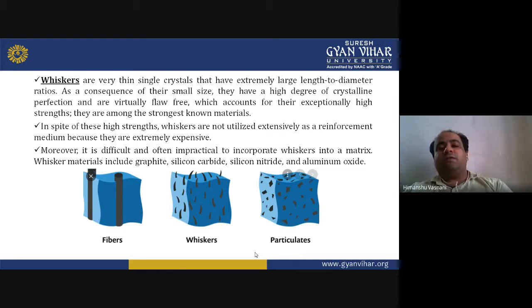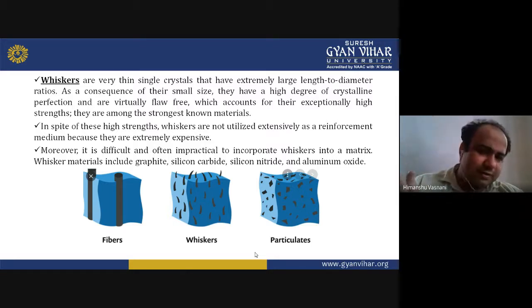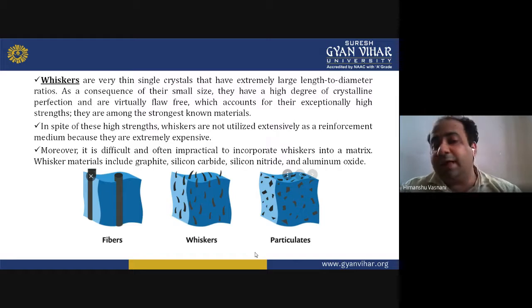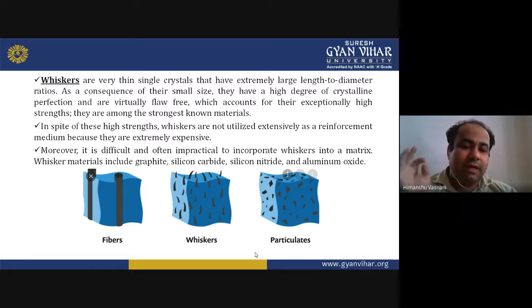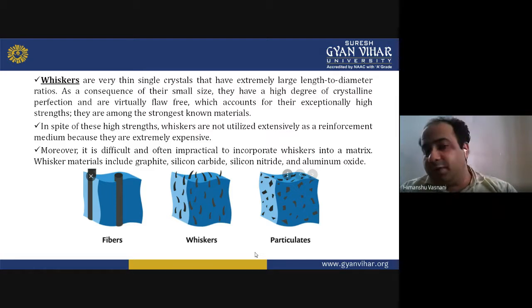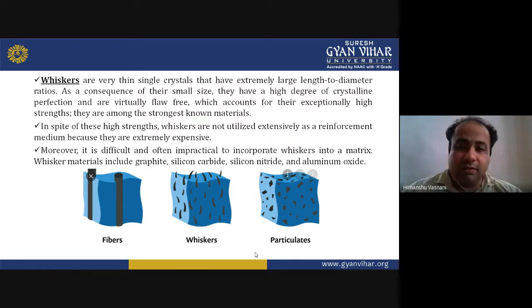In spite of these high strengths, whiskers are not utilized extensively as a reinforcement medium because they are extremely expensive. Moreover, it is difficult and often impractical to incorporate whiskers into a matrix.